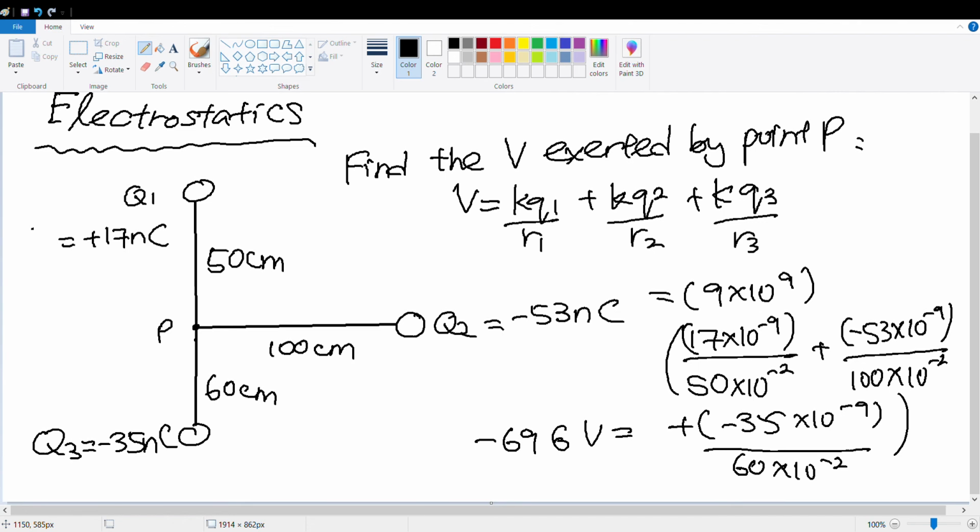So this is how the electric potential works. Let me just write the final answer: my V is negative 696 volts.